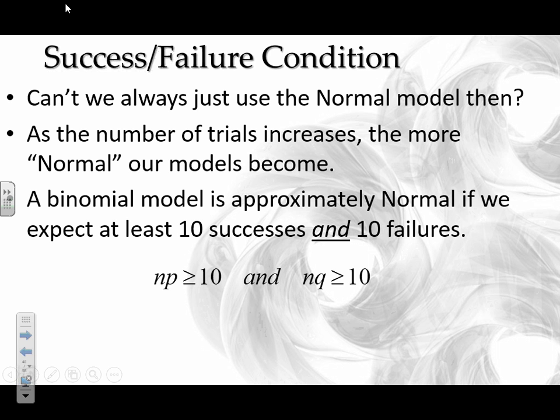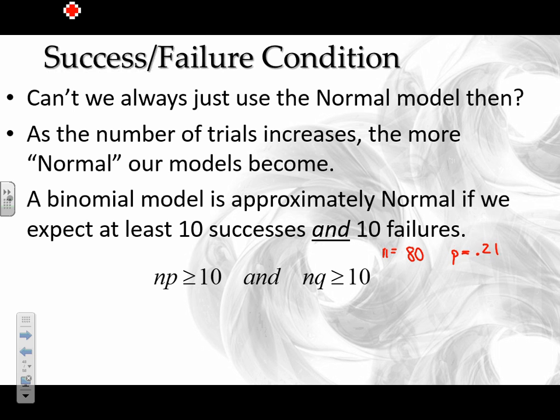Okay? So, for instance, if I told you I was going to run 80 trials, and there was a probability of success of 21%. Would 80 trials be large enough for me to use a normal approximation? That might be something you're asked.